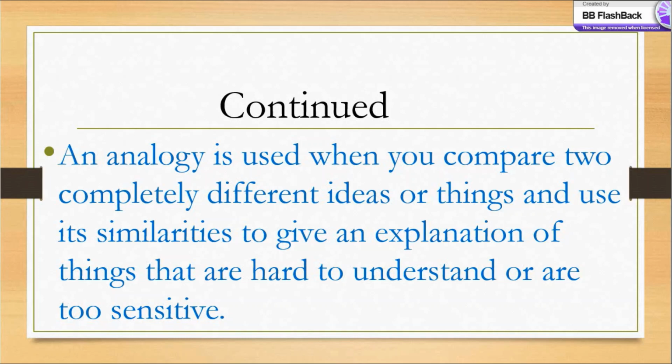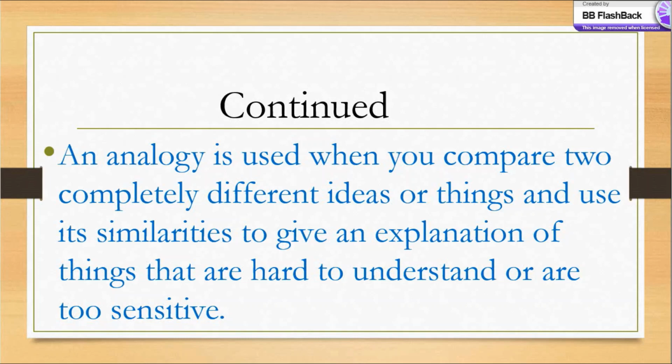Two things are compared in analogy, and these two things will be different. These dissimilar things will have one similar or maybe two or more characteristics, and they are defined in that way that will help you to understand the topic quickly and easily.